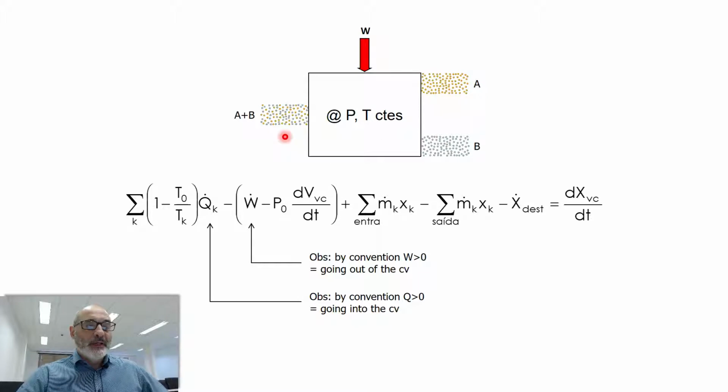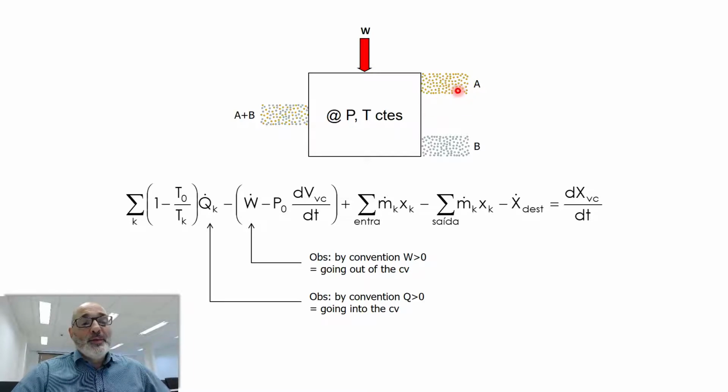They are mixed. Well, since we want to calculate the minimum amount of work necessary for this operation, we're not going to let pressure or temperature increase. Okay, they are going to remain constant. Why is that?